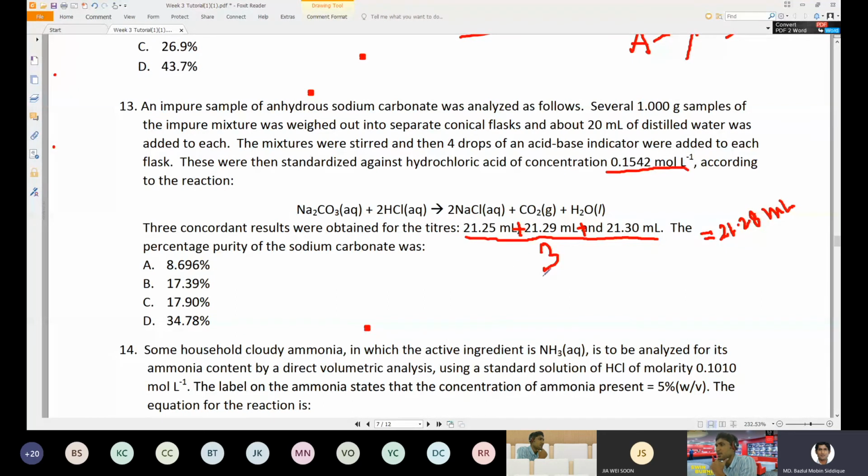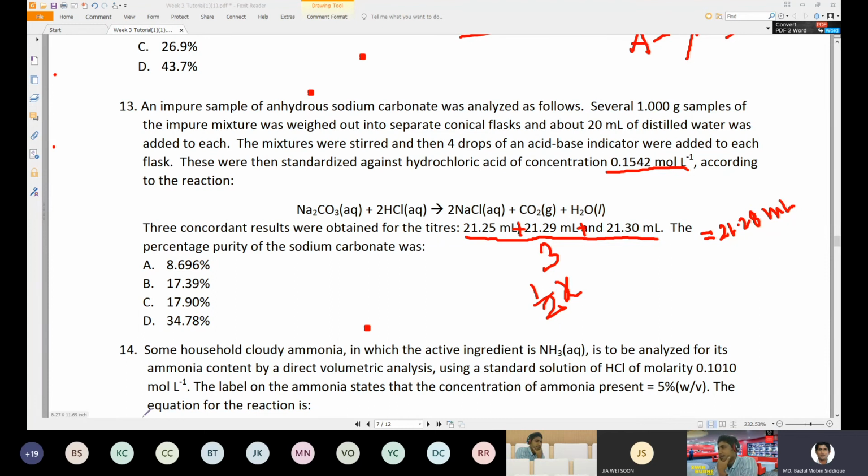So the number of moles I can easily find. From there I will find the number of moles of sodium carbonate, because it is a 1:2 reaction. So if I have X moles of HCl, I would have 1/2 of X moles of sodium carbonate, right?